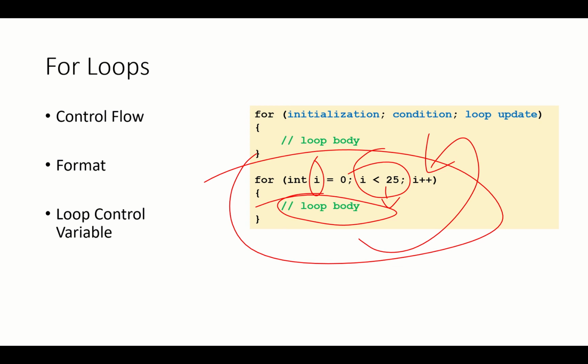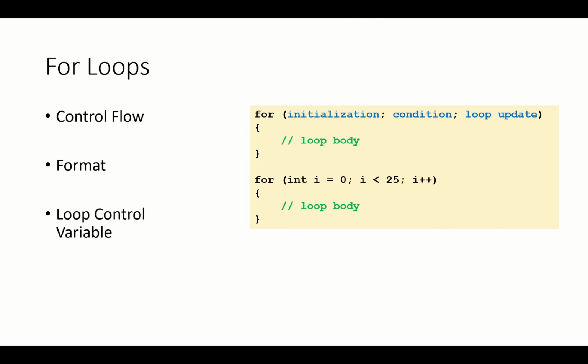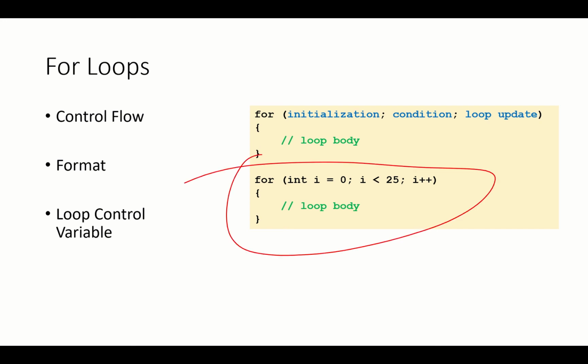Just a guess, how many iterations would we have in this for loop? This code, how many iterations? Hunter? 25.